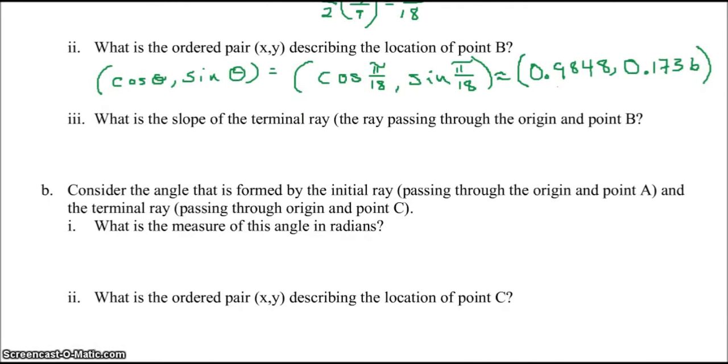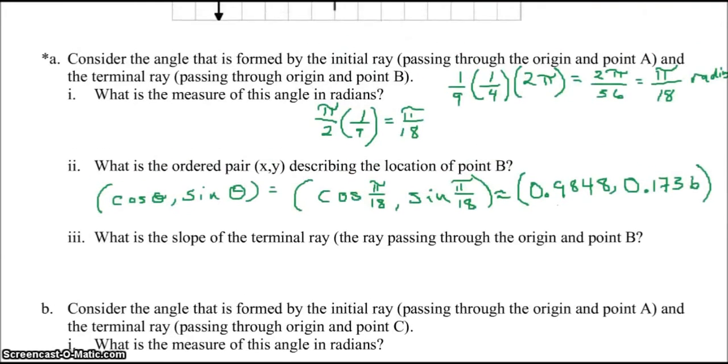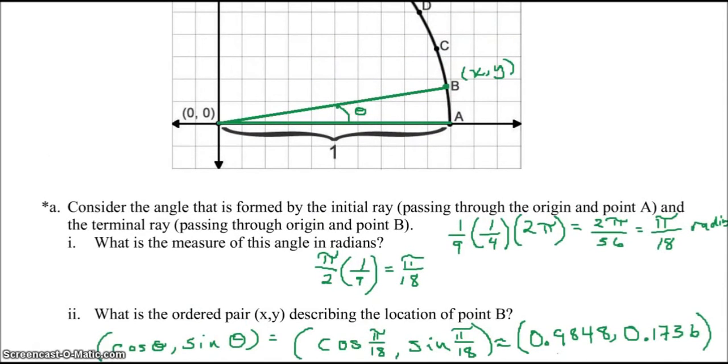What is the slope of the terminal ray passing through the origin at point B? So the slope of this line, how do we find slope of this line?